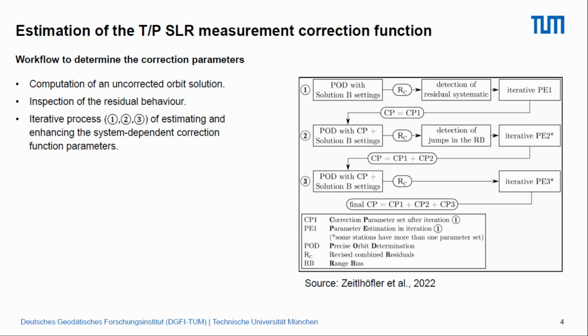The main information on this slide is that I have an iterative approach. I have a first iteration, a second iteration, and a third iteration. After each iteration, I get a correction parameter set. Afterwards, I finally have a final correction parameter set, which is the sum of the previous iterations. I will come to the details right now.